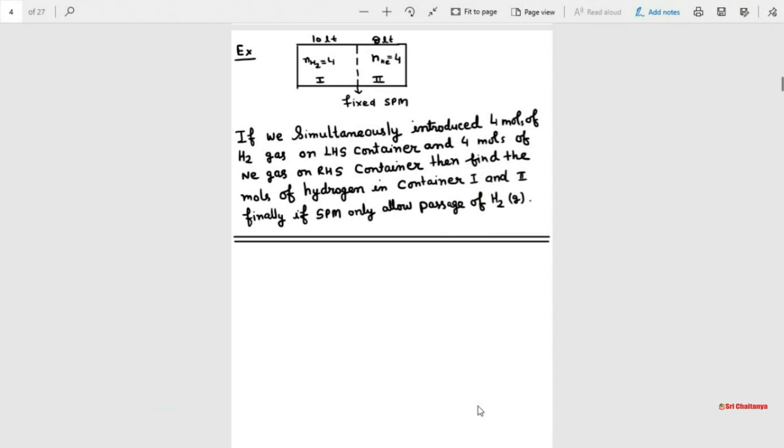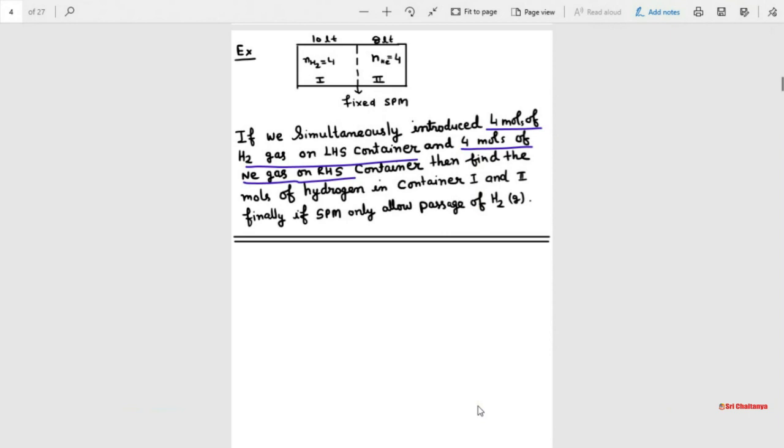Here, if simultaneously we introduce 4 moles of hydrogen gas on the left hand side of the container and 4 moles of neon gas on the right hand side, then find the moles of hydrogen in containers 1 and 2.